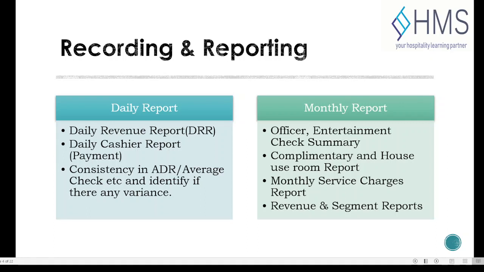Complimentary house use report: whether it is approved or not, and how much, and who is generating, which department is using them, so that the cost of those rooms can be charged to that particular department. Officer and entertainment check for meal cost allocation or the allocation from the food cost.